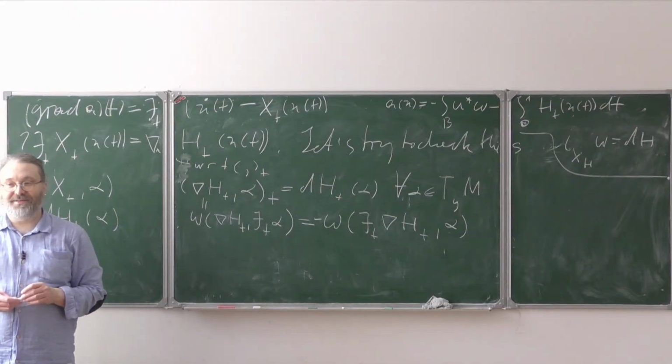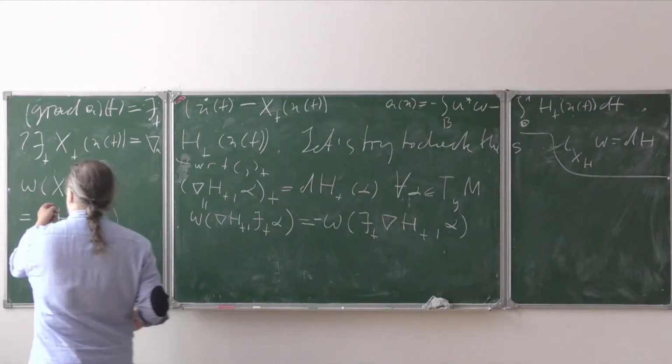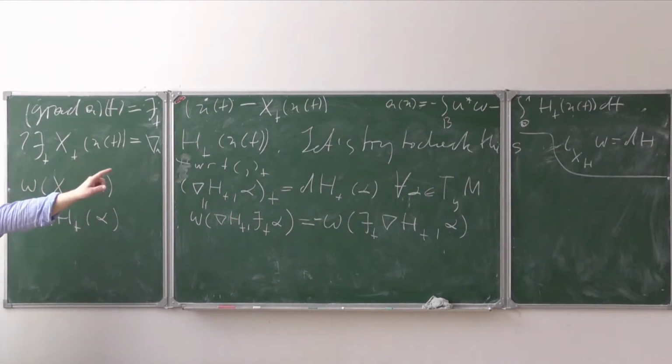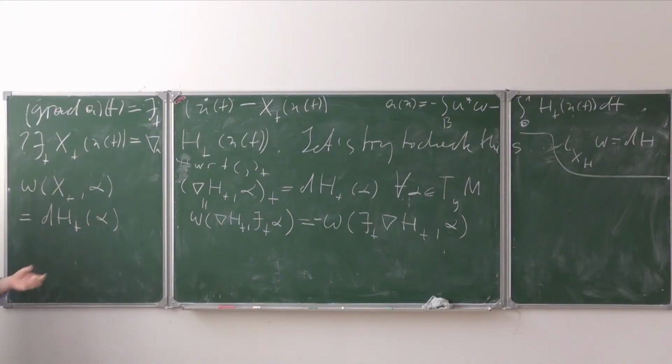The first one. In the first place. Okay. So if we use this convention, then we have a plus here. Does everyone agree? Well, I substitute X_H as the first argument, I get some linear function on the tangent space, and this linear function should be dH_t.